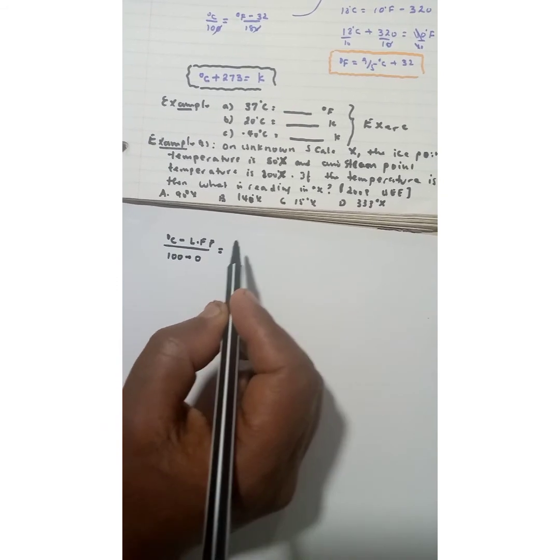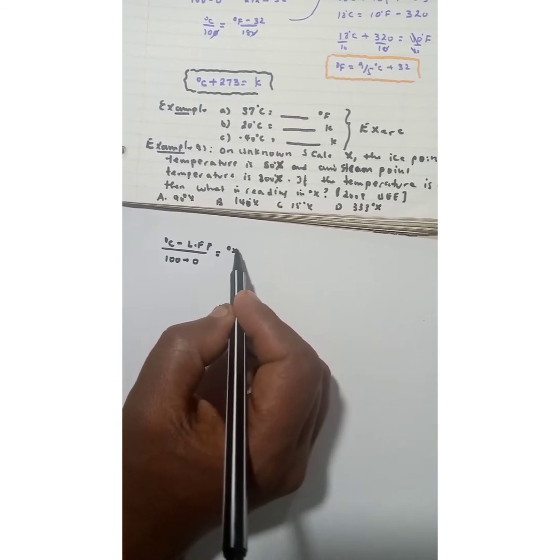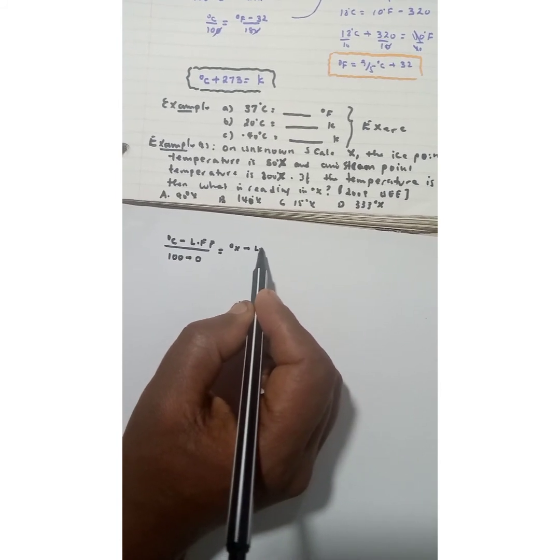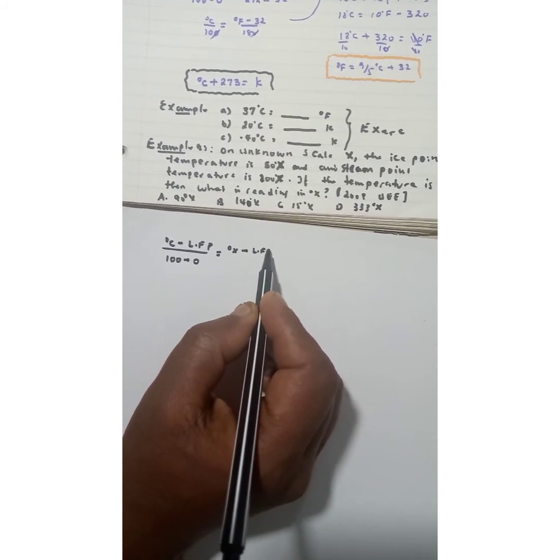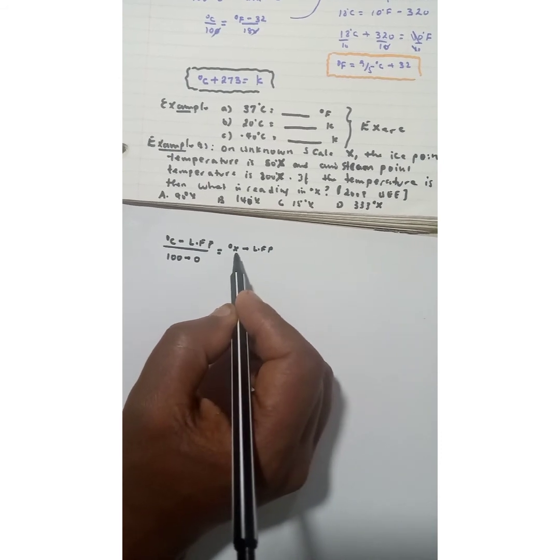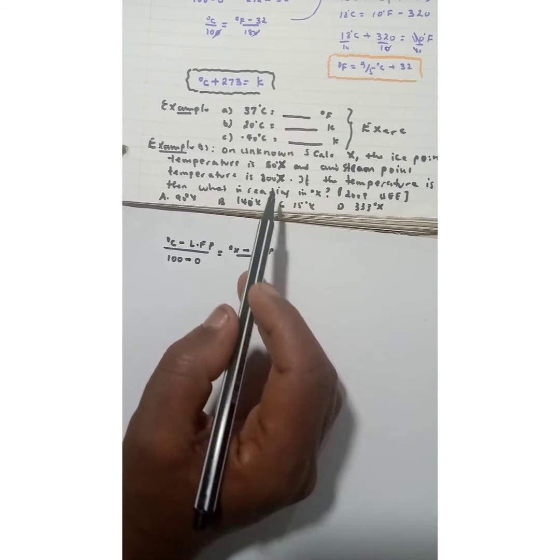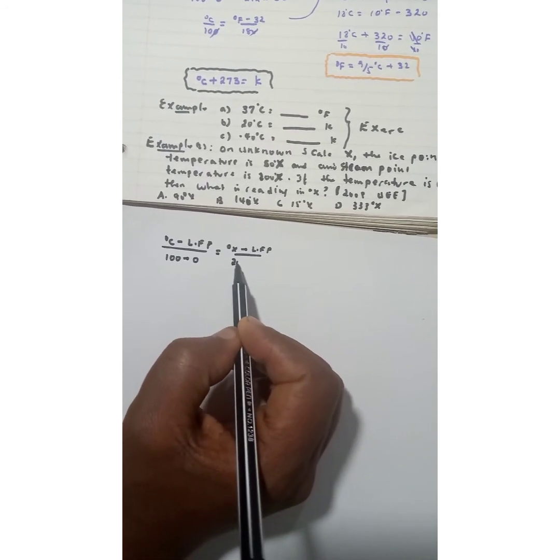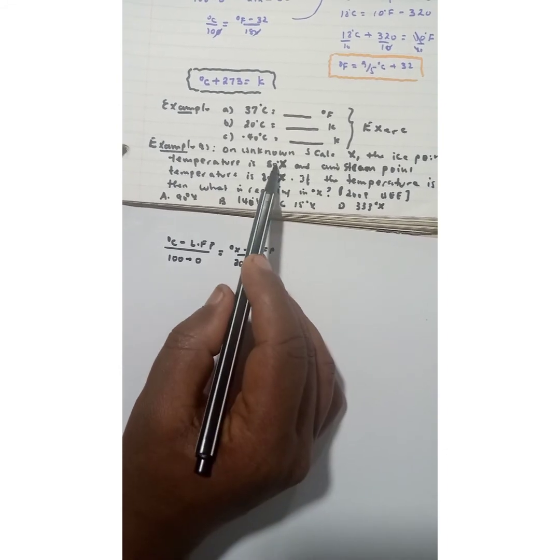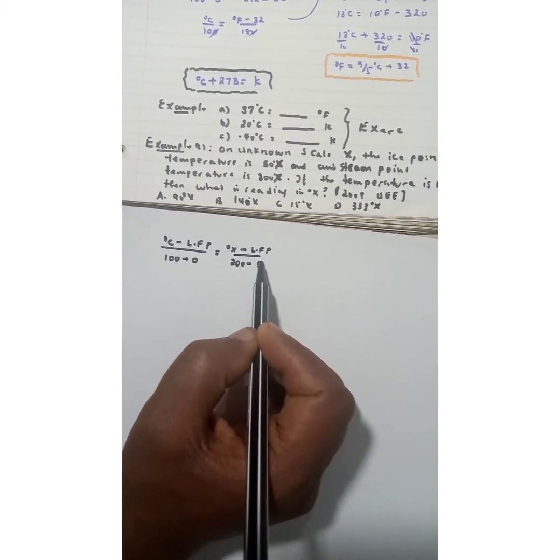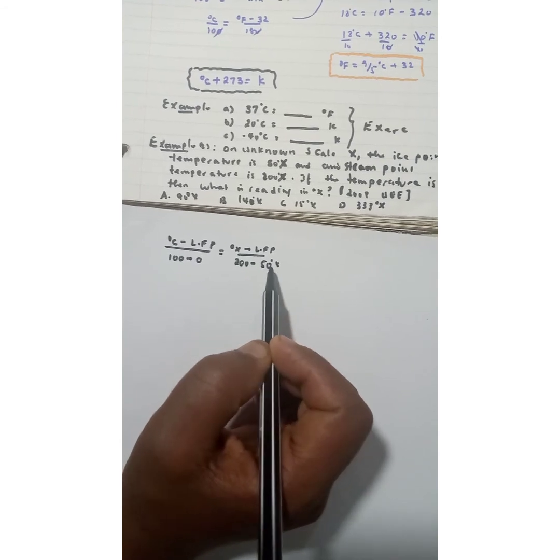This equals reading in X minus lower fixed point in X scale, divided by upper, which is 200, minus lower 50 degree X.